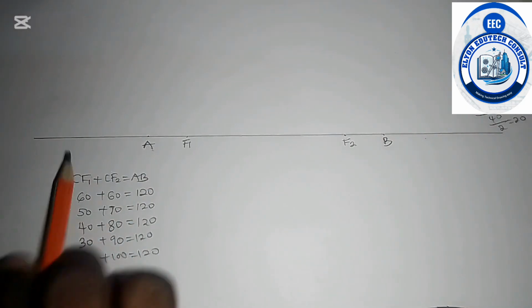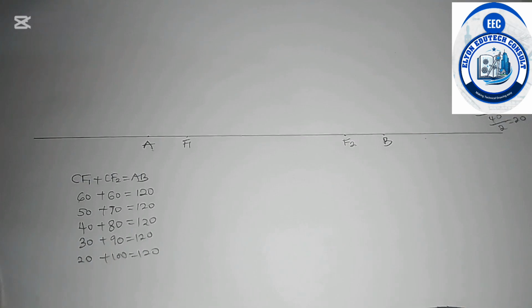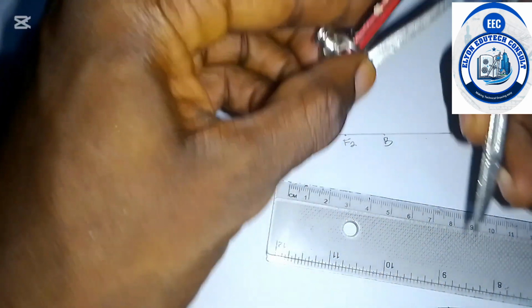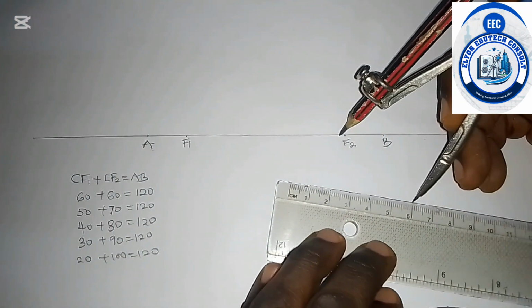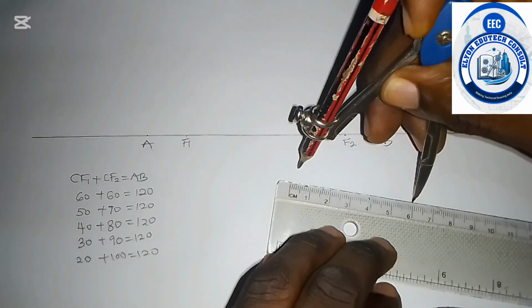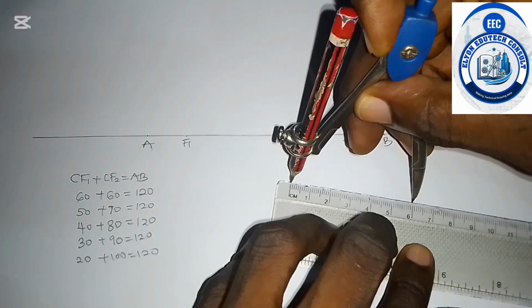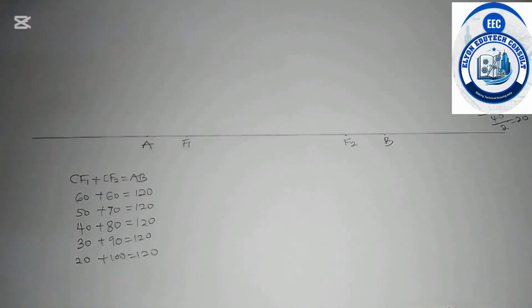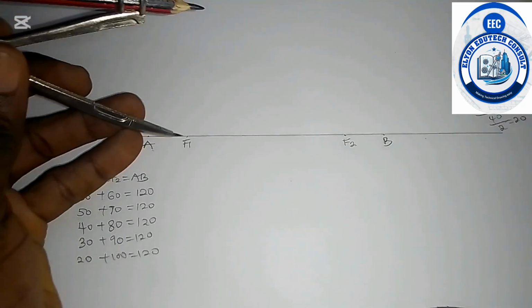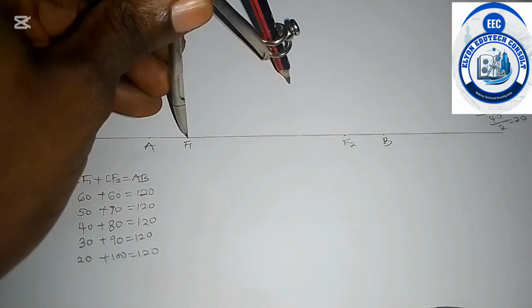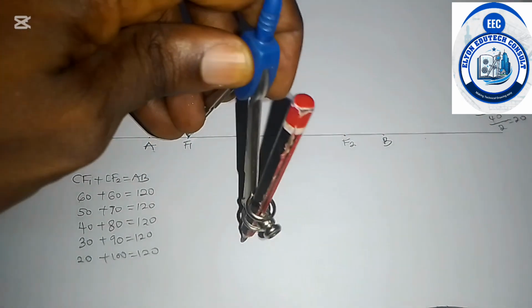Now how do we get that? The first thing we do is stretch your compass to the first one, this 60. Stretch your compass to 60, place the needle on F1, and strike an arc up and down.